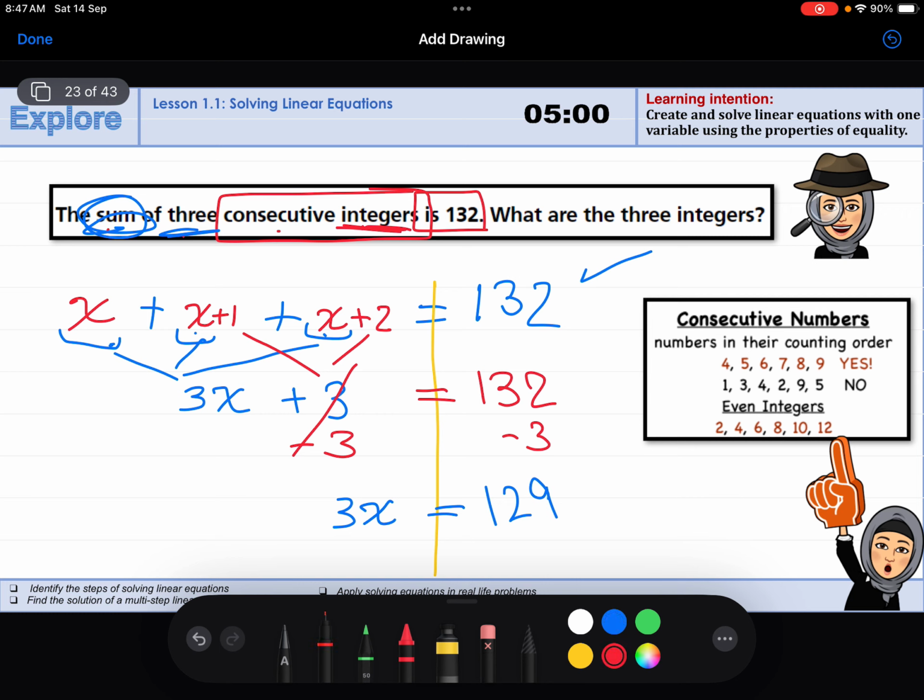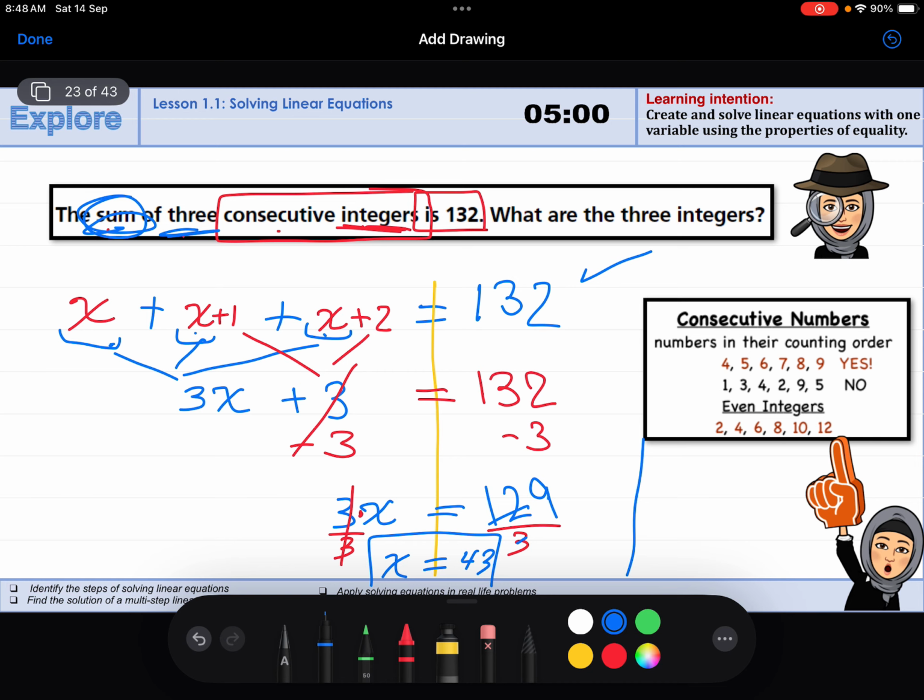Now, what should I do? The 3 is multiplied with x. I need to divide by 3 on both sides. So I can see that x equals 129 divided by 3, which is basically 43. Okay. I found the first term, which is x.